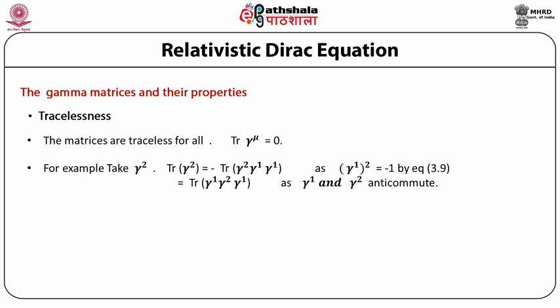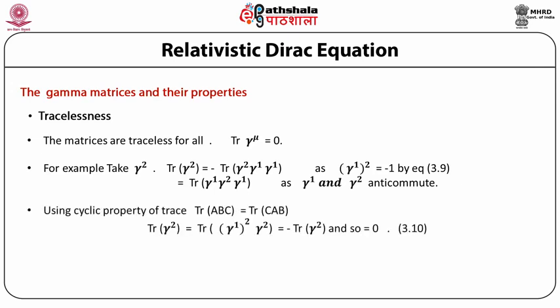We have added this gamma 1 squared and changed the minus sign to plus sign, which is equal to trace of gamma 1 gamma 2 gamma 1, as gamma 1 and gamma 2 anticommute. Using the cyclic property, that is trace of ABC is equal to trace of CAB, this leads us to trace of gamma 2 is equal to minus trace of gamma 2. So trace of gamma 2 has to be 0.